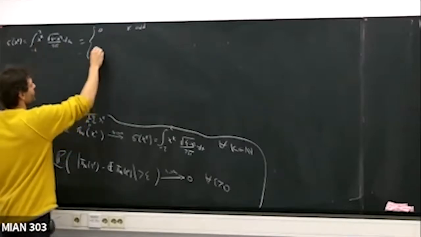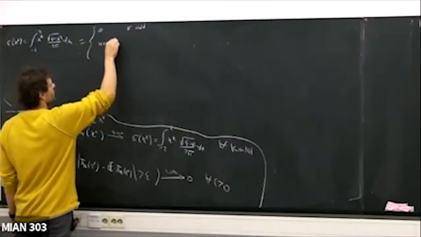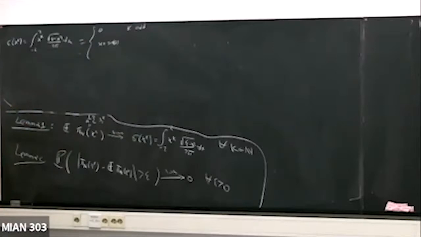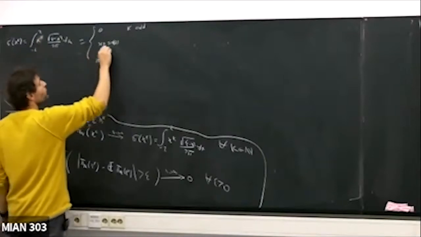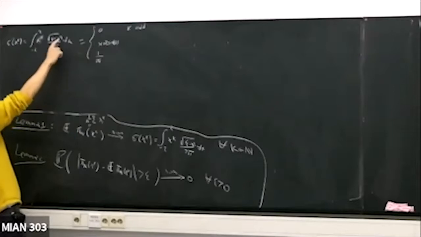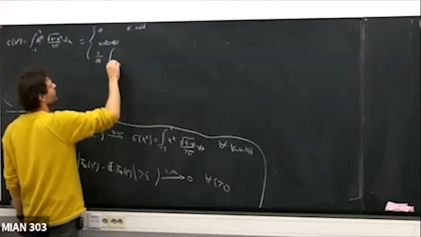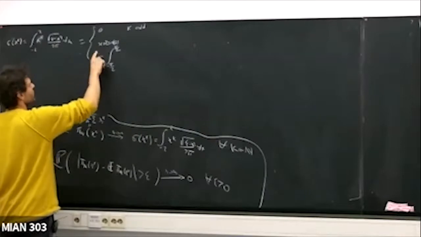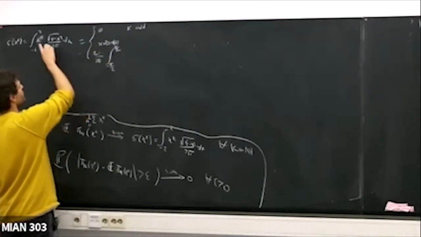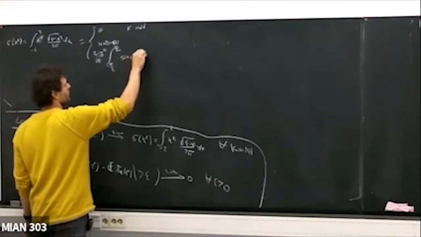Otherwise, I can do the change of variable x equal to 2 sinus of theta. So here I will get 1 over 2 pi, integral between minus pi over 2 and pi over 2. I get a 2 to the k from the change of variable, and here I get a sinus of theta to the 2k.